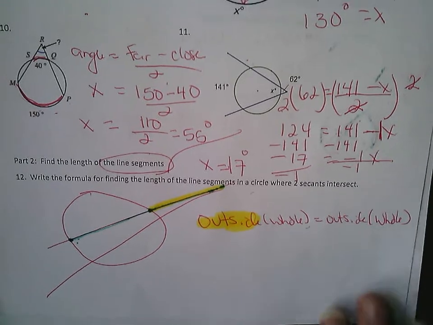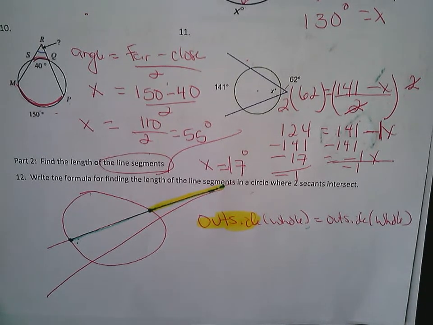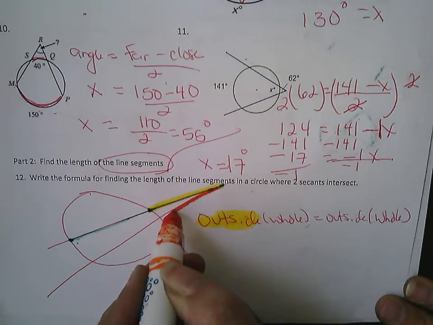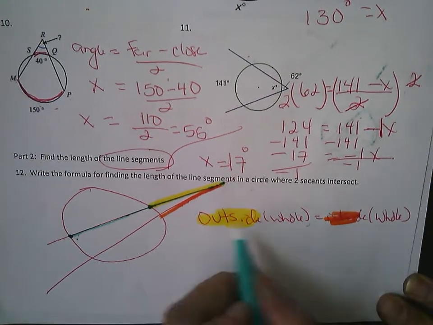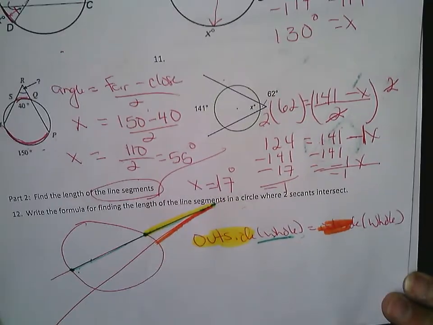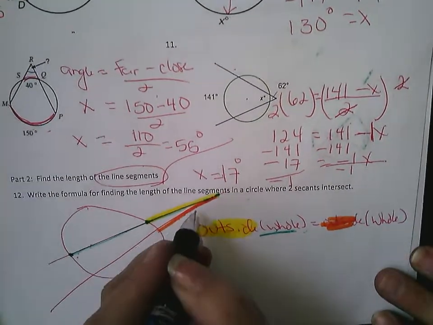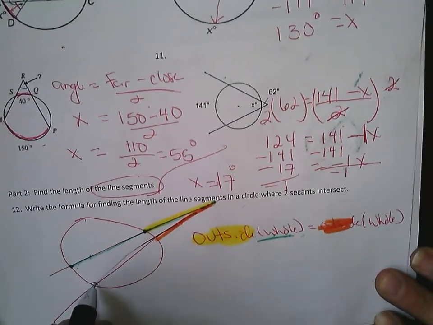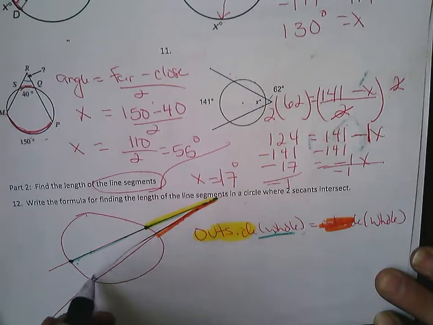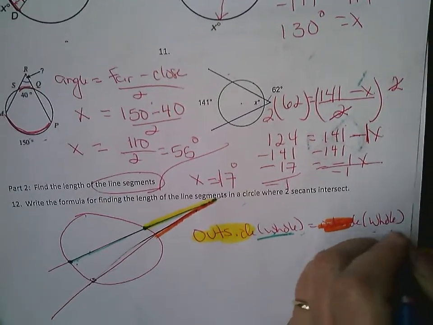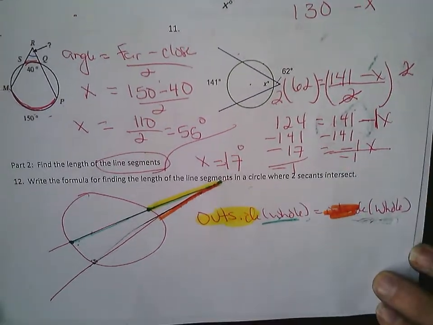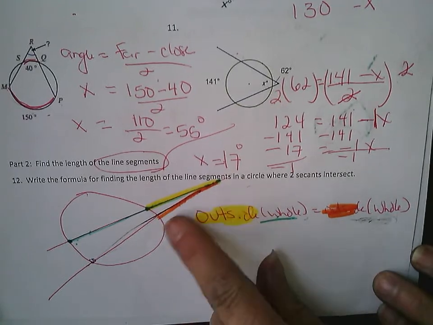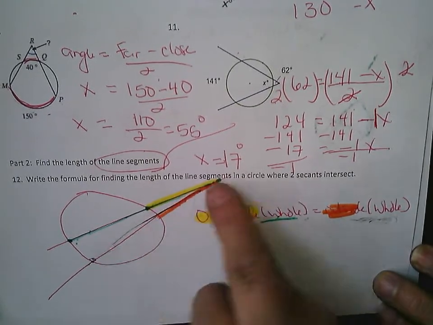For the second part, again, this is our outside right here, and then we're looking at the whole, from here all the way to our vertex. We add those both together. So that's our whole. My pen isn't working so well, but I think you get the point. The orange is the outside section, the yellow is the outside section, and then we put them together.